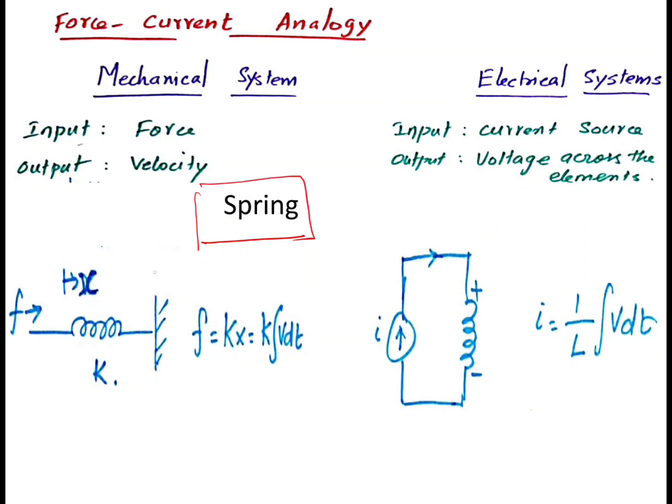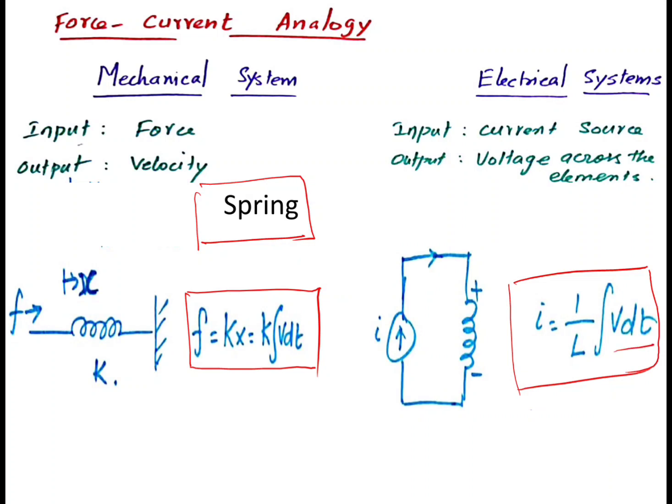Here the spring is connected with the reference, and the force balance equation is F is equal to K into x, which is K into the integration of v dt, and it is equivalent to an inductance connected with the current source. So I is equal to 1 by L into the integration of V dt.